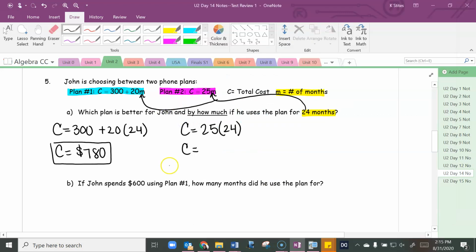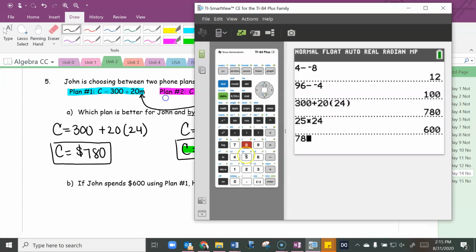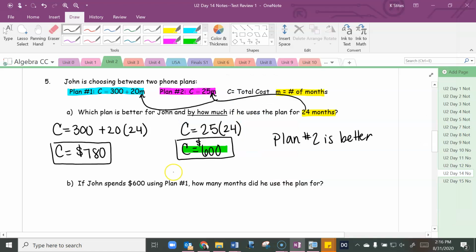And that's 600. Make sure you have a dollar sign. So I think we can agree that plan 2 is better. And that's because it is cheaper by, we'll go ahead and subtract, 780 minus 600. It's cheaper by $180.